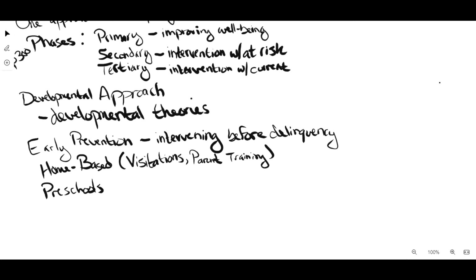So preschools overall, and as we've talked about with school in general in that previous chapter, they do have a decent impact on developmental stages of children and youth as they grow up, especially when it comes to delinquency. So it's important to do that. And something to mention in particular with early prevention, it's more of just a kind of reminder thing.